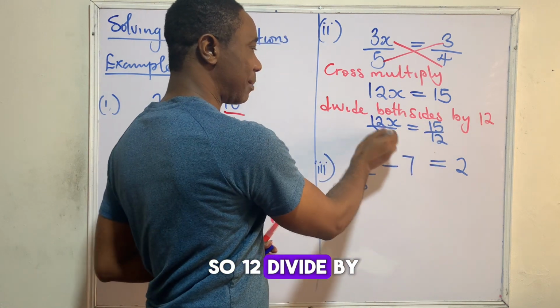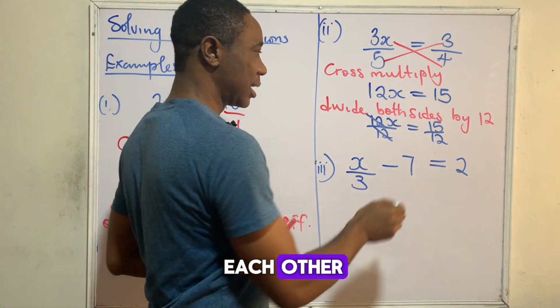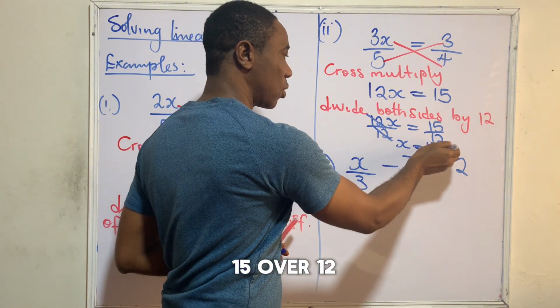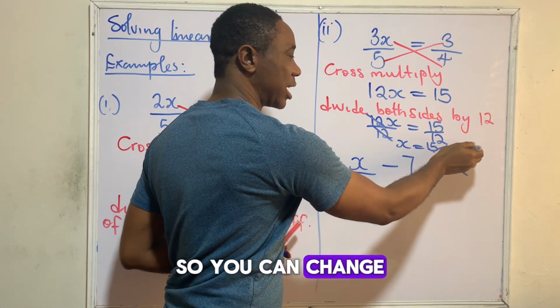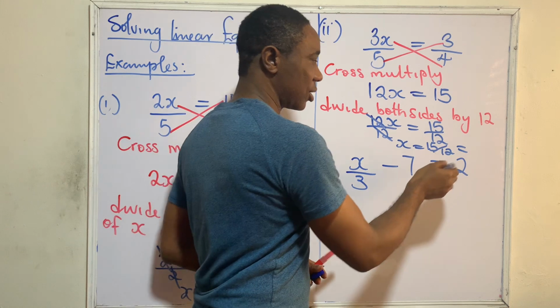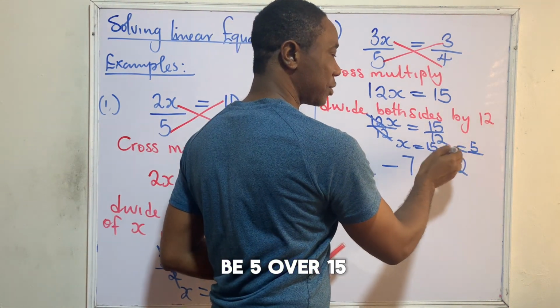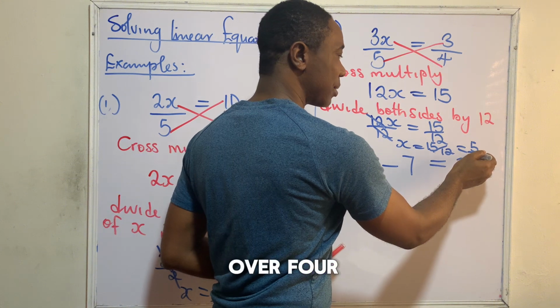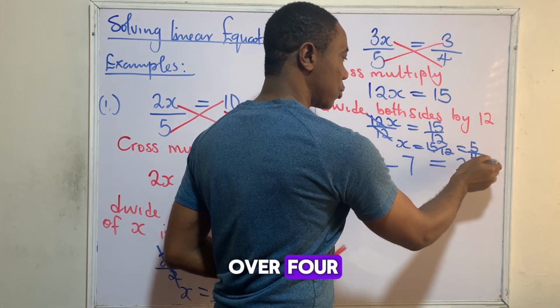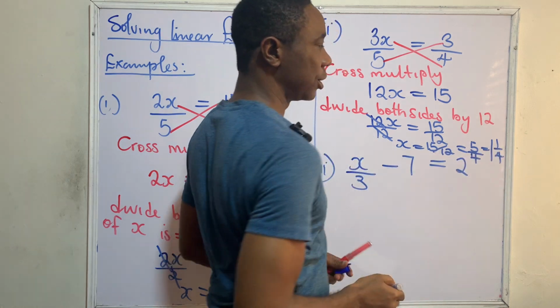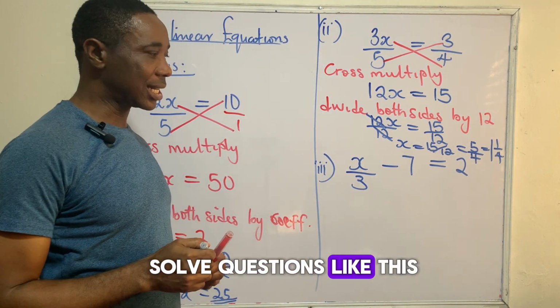So 12 divided by 12, the 12s cancel each other, and we now have x equals 15 over 12. So you can change this to a mixed number. 15 over 12 is the same thing as 5 over 4, which is the same thing as 1 and 1 over 4. So that's how we solve questions like this.